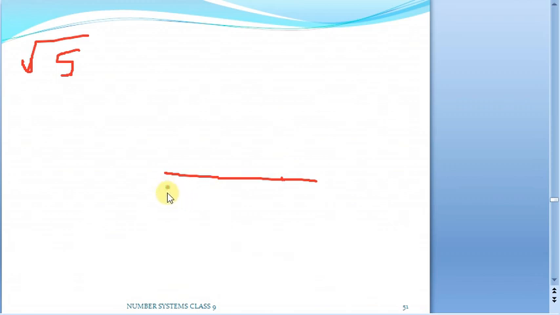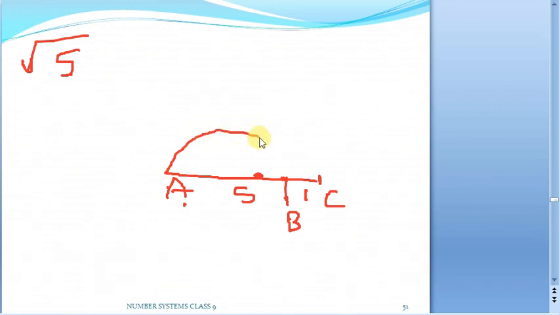Let us say this is A, this is B, and this is 5 units, and extra I am using 1 unit here. Let us say this is C. Now this is 6 units exactly. I can locate the midpoint with the scale, it will be here. So this is 3 units, the midpoint. Complete the semicircle like this.